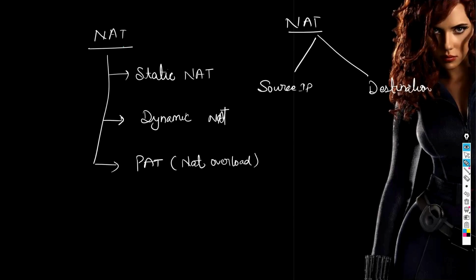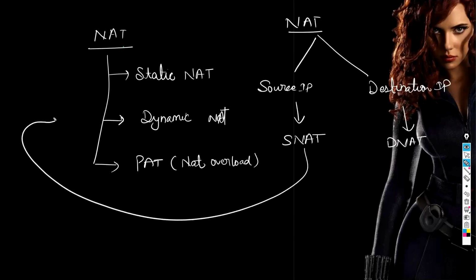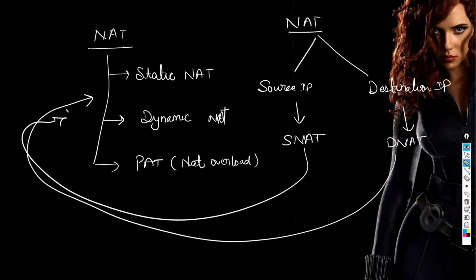Whenever we translate the source IP, we call it SNAT, and whenever the destination IP is translated, we call it DNAT. So in each case, these three types are possible, either source NAT or destination NAT.